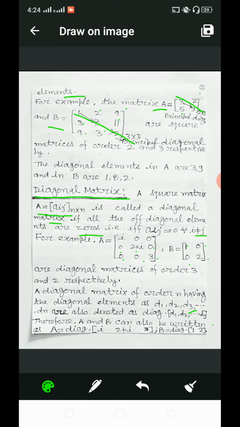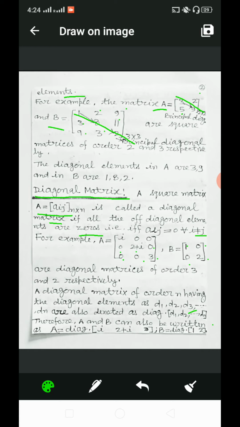So the number of diagonal elements is 2: 1 and 2. So if a matrix is of order n, then the number of diagonal elements will also be n.